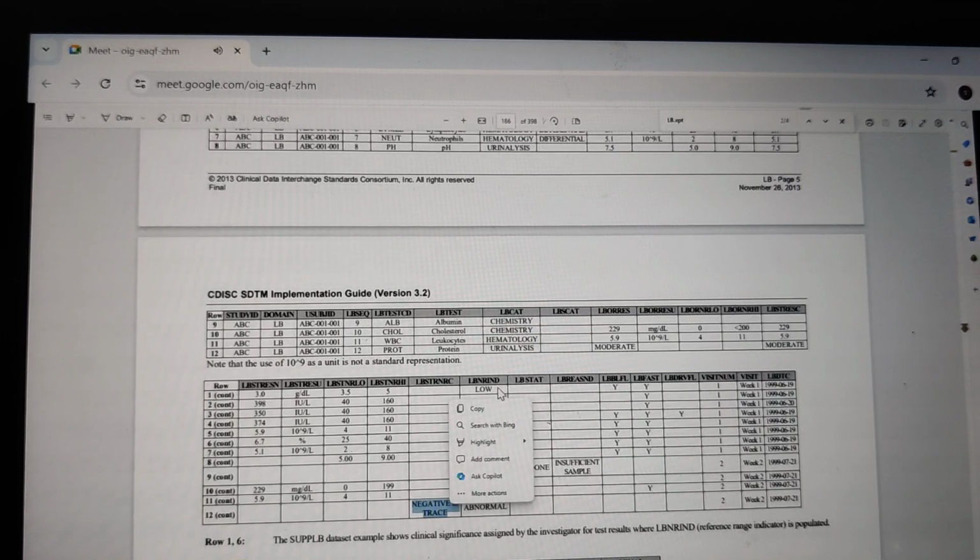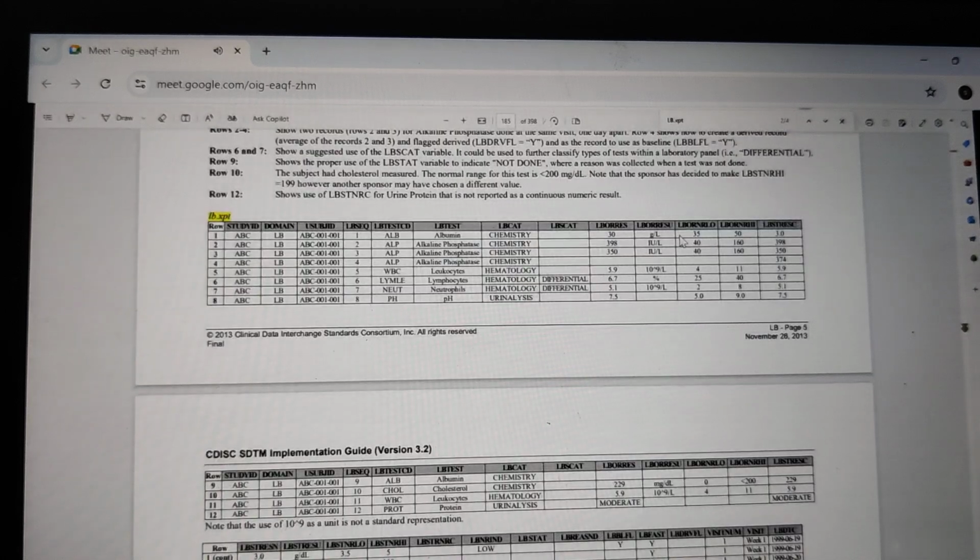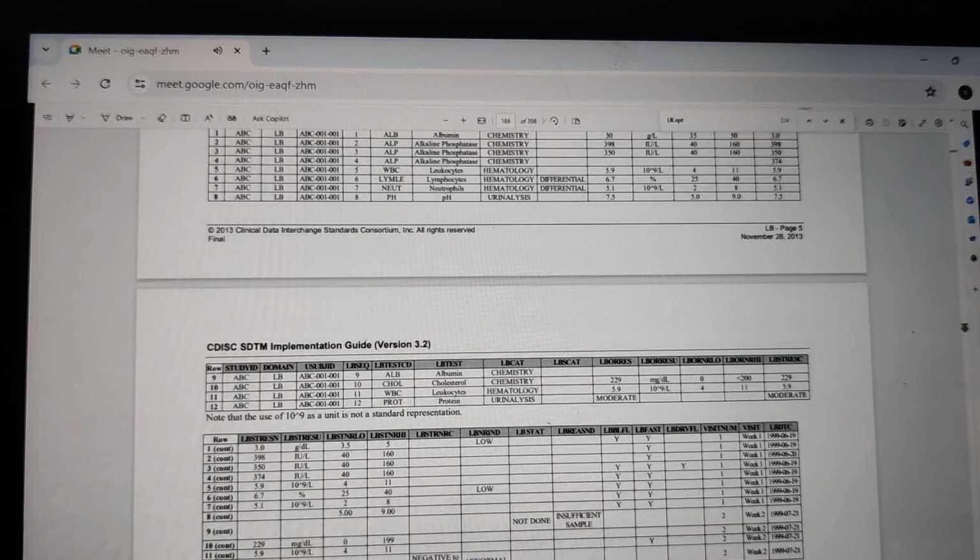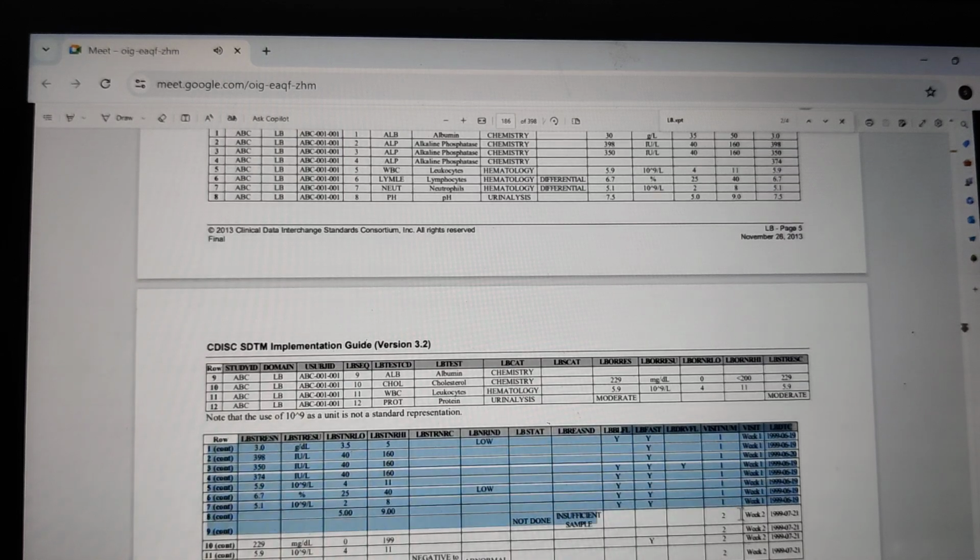So LBNRIND is negative to trace, meaning there are no traces. This is abnormal. Actually, it traces some values. Yes, that is abnormal. But here these are ranges, right? We can say high and low. But for some tests, the results will be positive, negative, or trace, and there we can say abnormal. Okay, fine, sir. If it is severe, then we call it abnormal. Yeah, severe means it's not a regular expected result. Yeah, that's it. Okay.